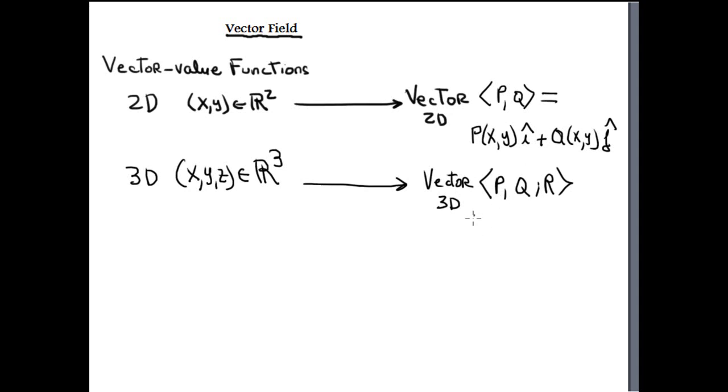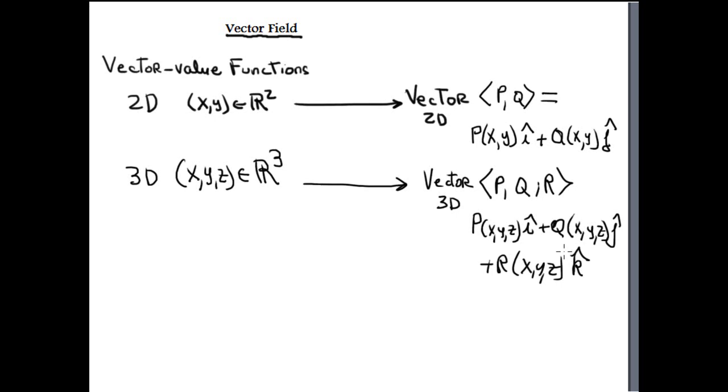In the other notation, P of x comma y comma z, i, plus Q of x comma y comma z, j, plus R of x comma y comma z, k. This is the definition of a vector field.